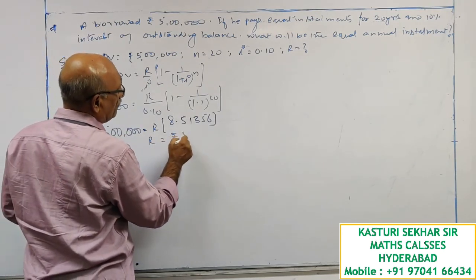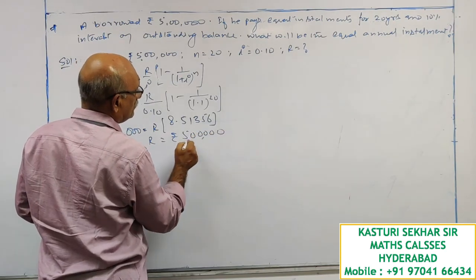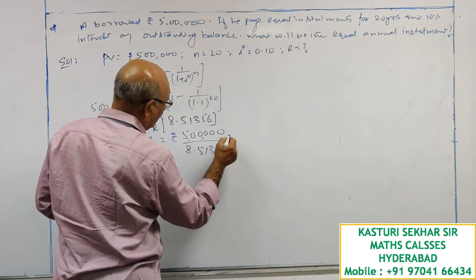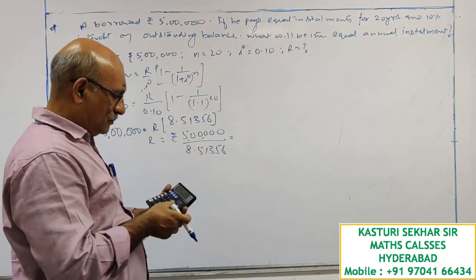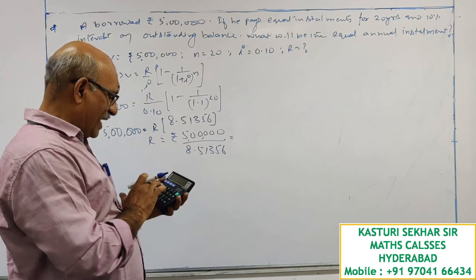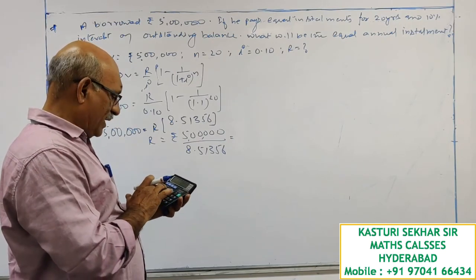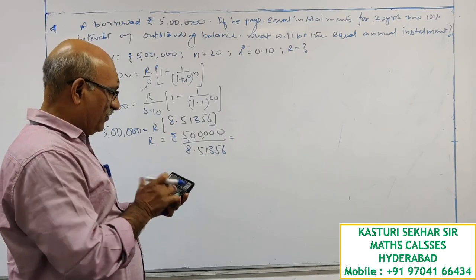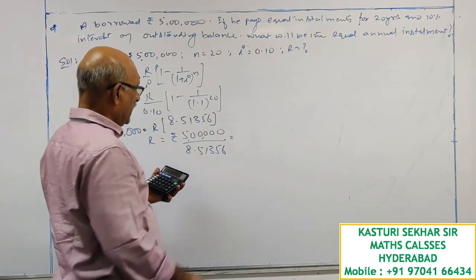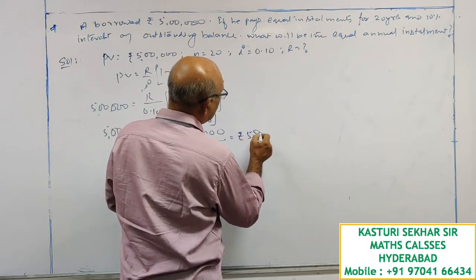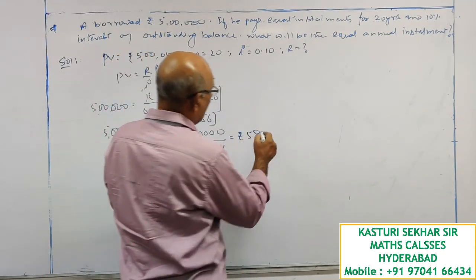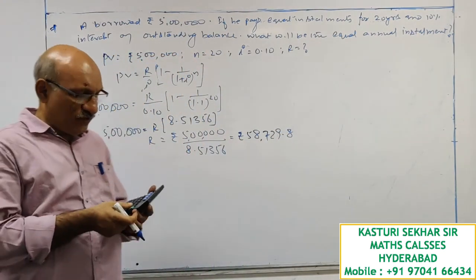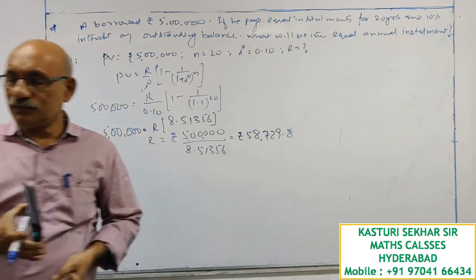R is equal to rupees 5 lakhs divided by 8.51356. That is 58,729.8. This is the size of each payment to clear your loan.